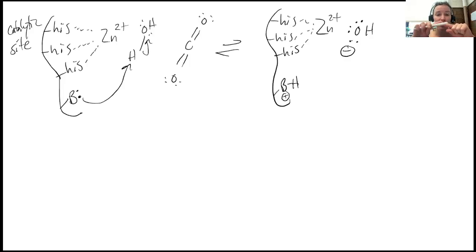You see how this OH now has a full minus charge? Well, that full minus charge is electrostatically stabilized by the positive charge on the zinc. So zinc's catalytic role is to bind that water, to polarize that bond so that the water can give up its proton and become OH minus, and then the zinc stabilizes the OH minus since it is positively charged.